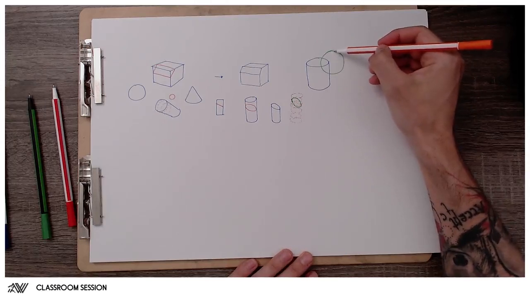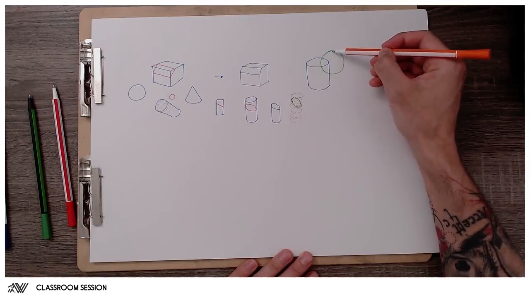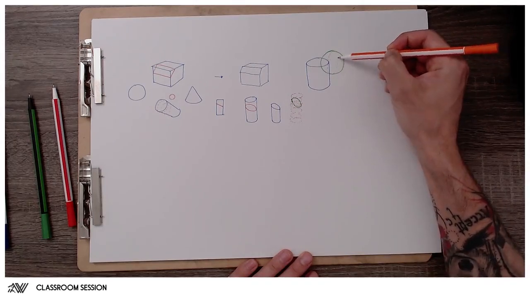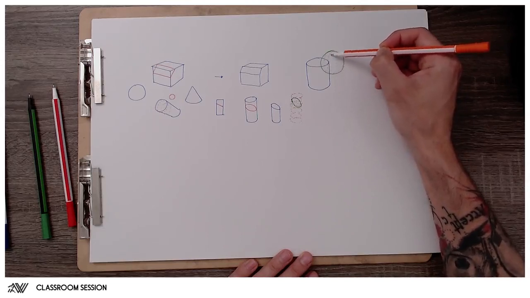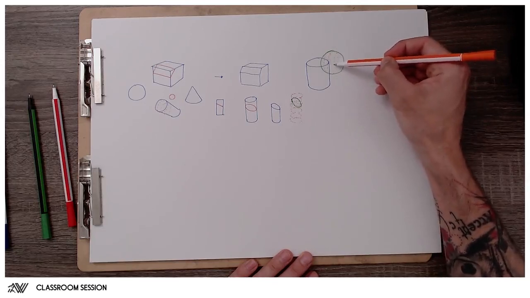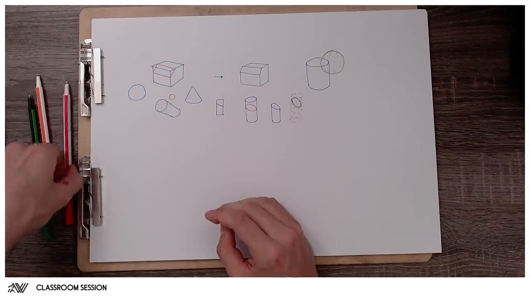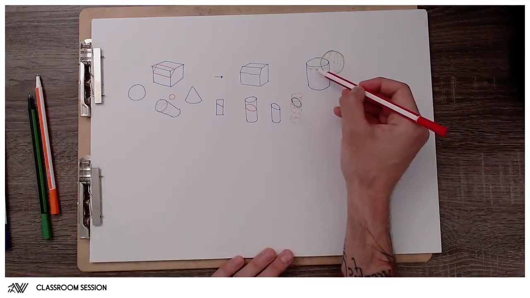Right, so in essence, they probably look like this, right? So we have all of these cross sections running across that sphere, and we have the same for the cylinder, right?